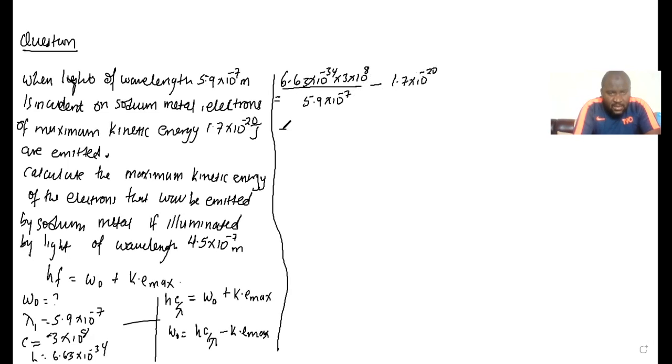When you press the calculator, can we get the value of the work function? Because it's energy, you shall get its SI unit as joules.